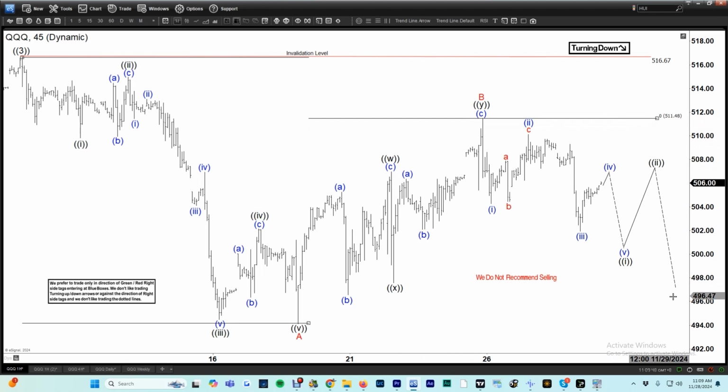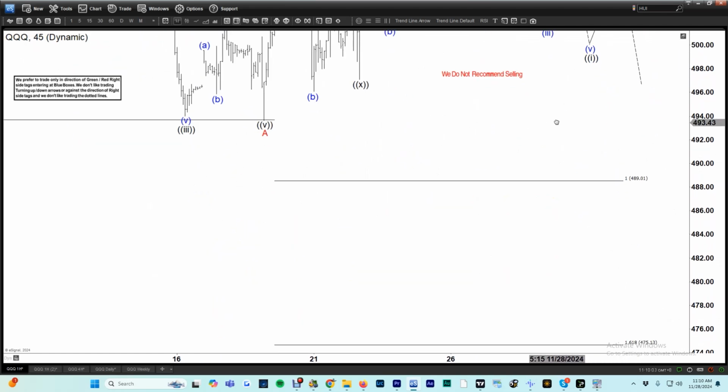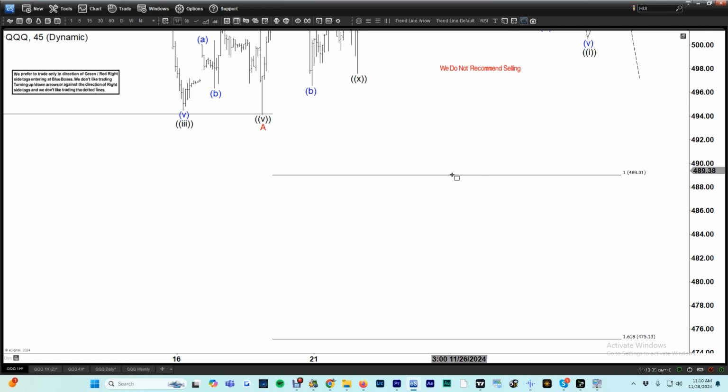Instead of looking to sell, because there is a contradiction with the other indices, it will always be better to continue to be bullish and look for support every single time at the next extreme area.